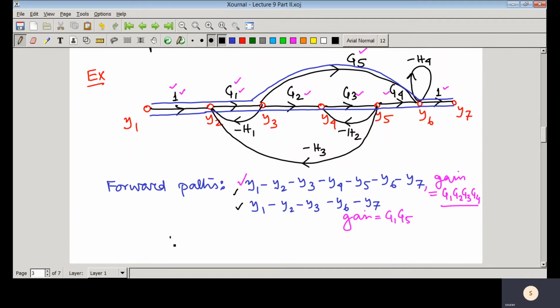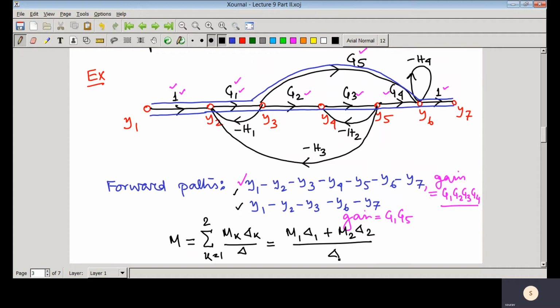So the Mason-Gain formula says the summation of k from 1 to 2, because you have 2 forward paths, mk delta k by delta. If we expand it, it would be m1 delta 1 plus m2 delta 2 divided by delta.